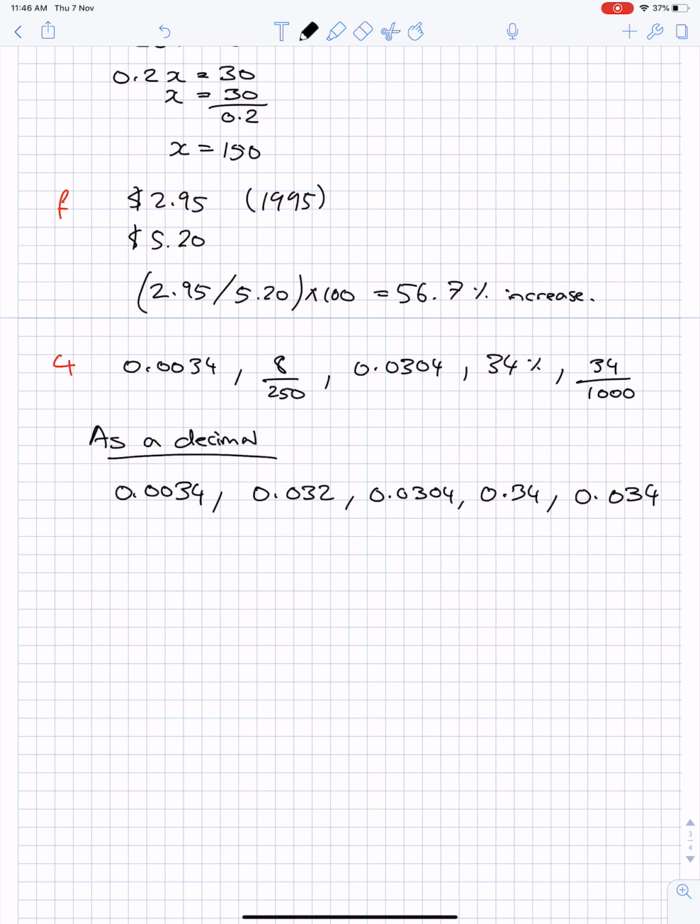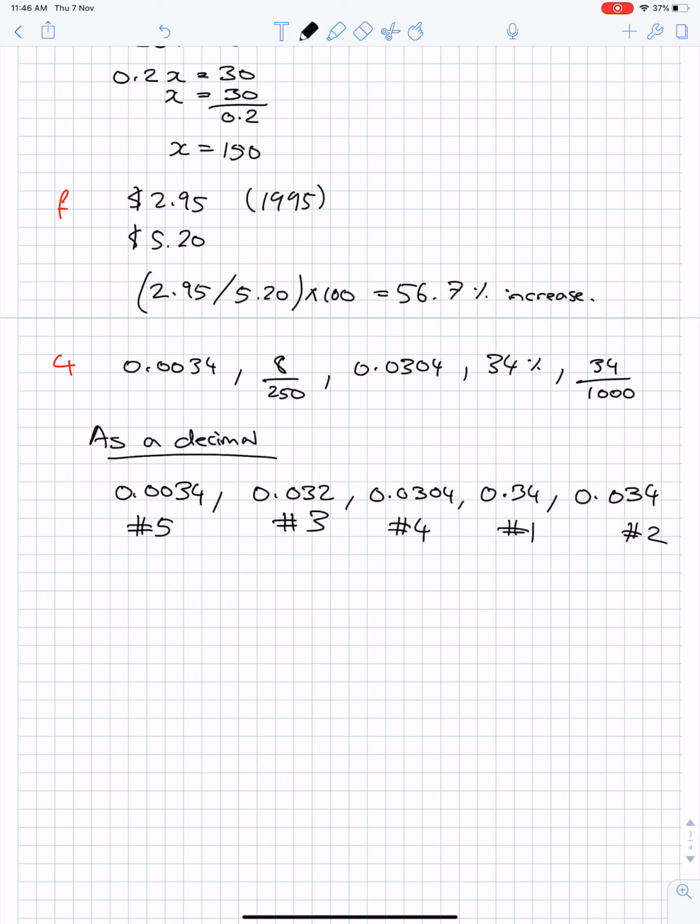So the biggest one would be this one, so that's number 1. The second biggest would be this one, and then this one, followed by this one, and finally that's the smallest number.